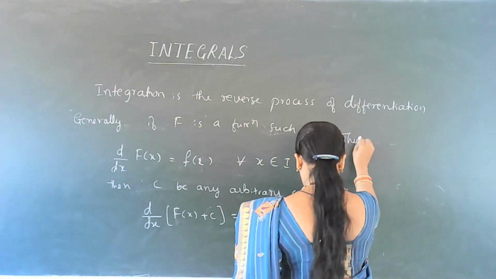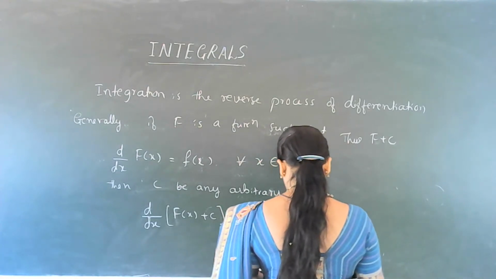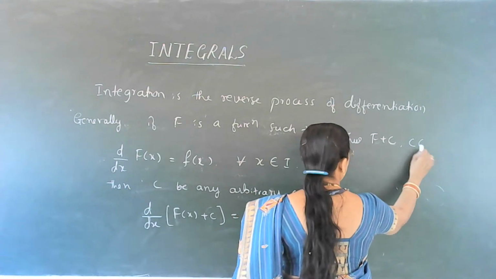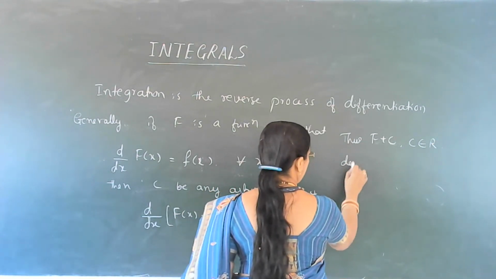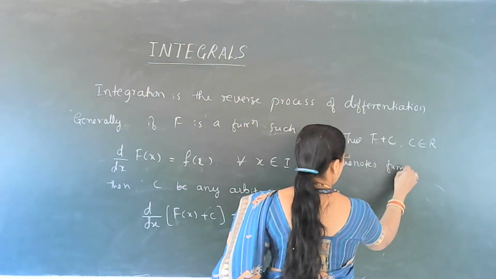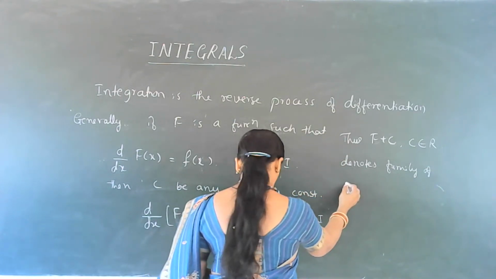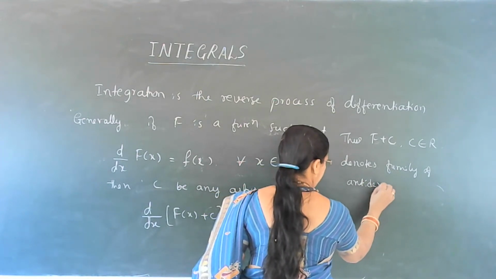Thus, F plus c, where c belongs to R, is a family of antiderivatives of f.